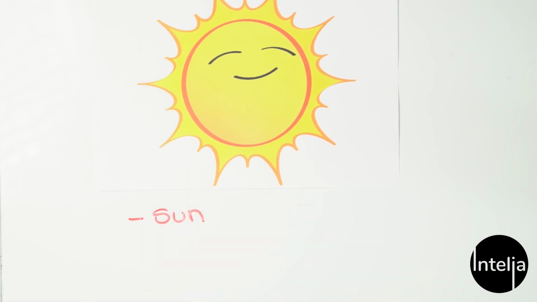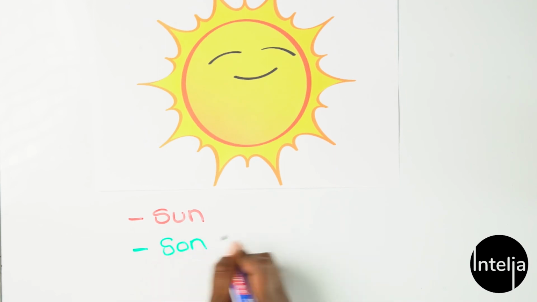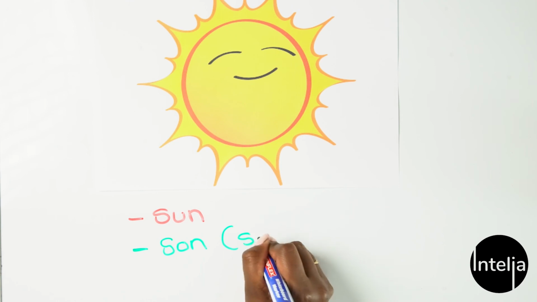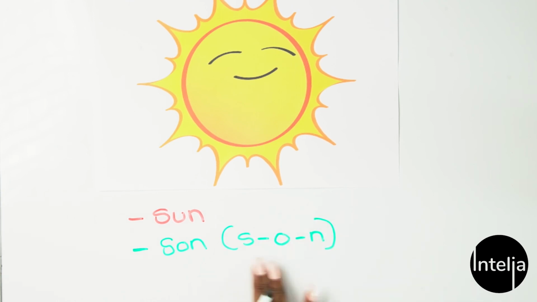And do you remember what's sun in Afrikaans? Exactly, son. S-o-n. Son.